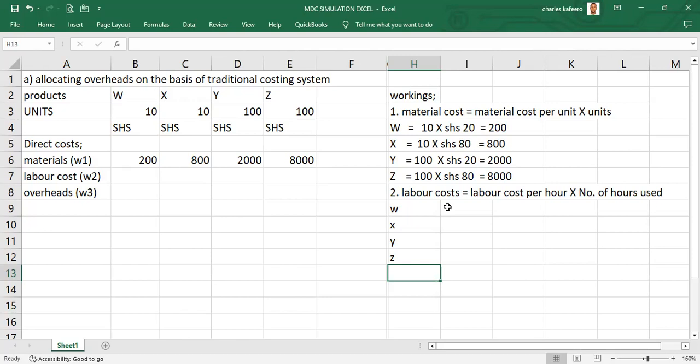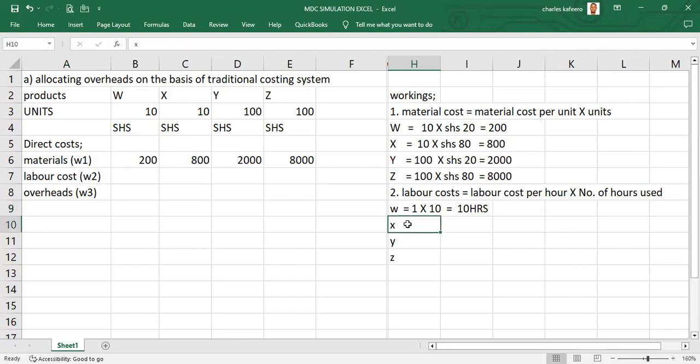In other words, to compute our total number of hours used for all the products, it will be the 1 hour per unit times the number of units to get the total number of hours that were spent on the 10 units. So we get the 1, which is the direct labor hour per unit, we multiply by the number of units, which are 10 units. And this will give us 10 hours that were spent.